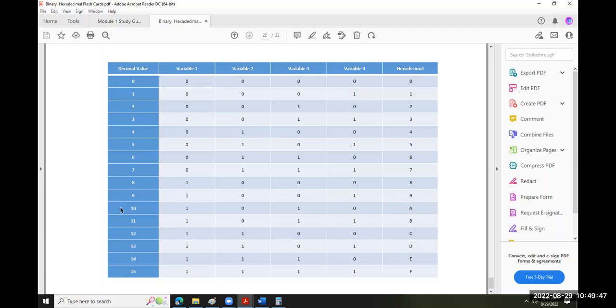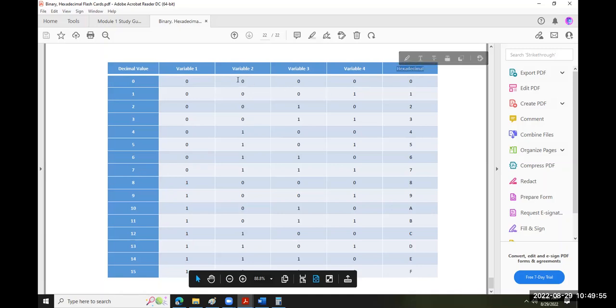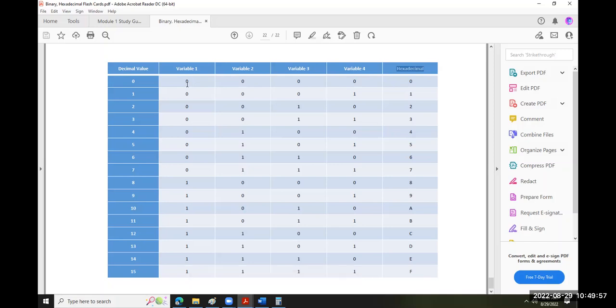So 0 to 15 in base 10 is 0 through F in hexadecimal. But what does it look like in binary? Well, 0001 in binary is the same in hex as it is in decimal. That's all pretty easy. When you get down to 9, it's simple.